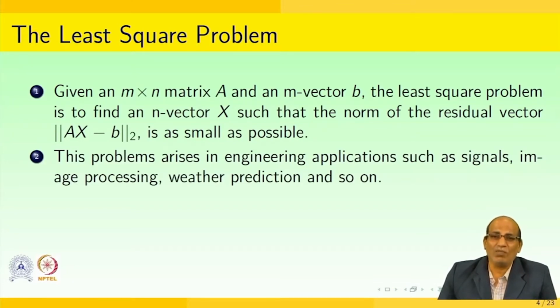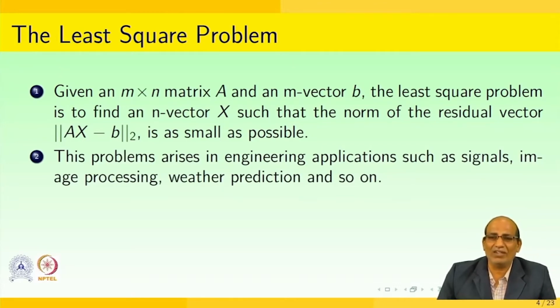This problem arises in many engineering applications such as signals, image processing, weather prediction, computerized tomography, cloud bursting, and so on. Even in statistics we find the least square problem.